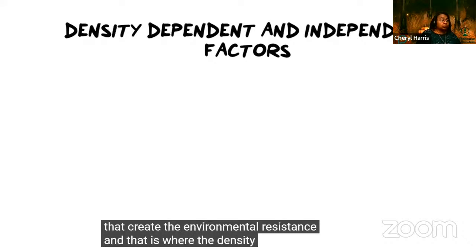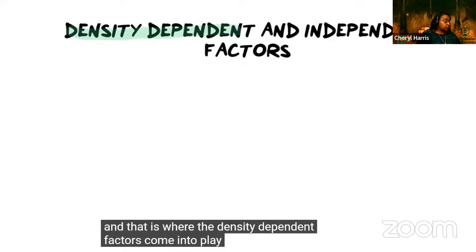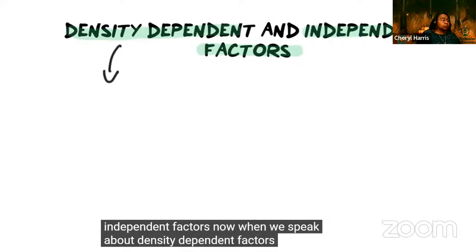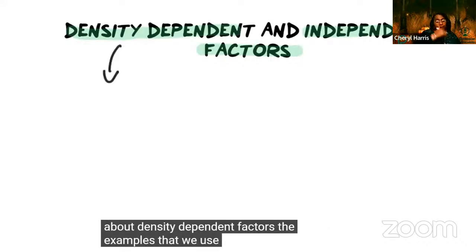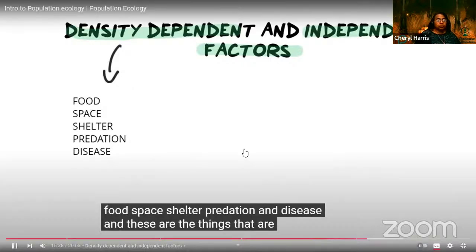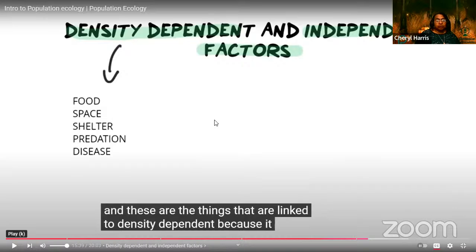And that is where the density dependent factors and the density independent factors come into play. Now, when we speak about density dependent factors, the examples that we use are things like food, space, shelter, predation, and disease. I'm going to pause that there so that you can write it. Density dependent is food, space, shelter, predation, and disease.